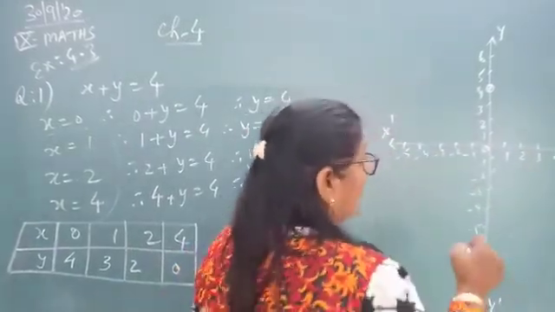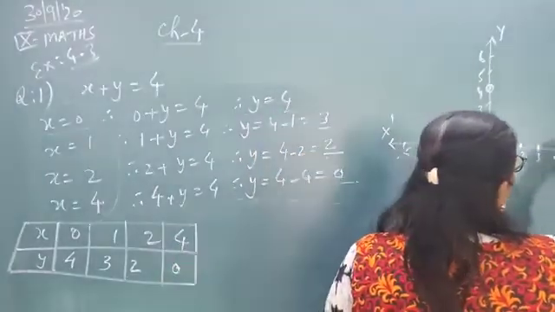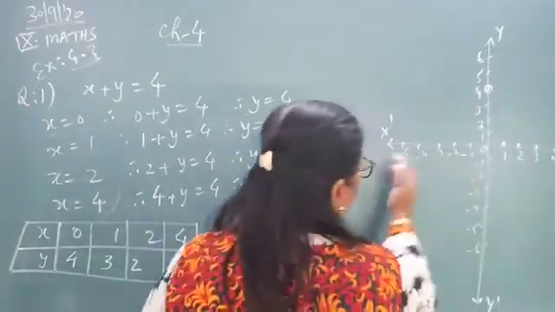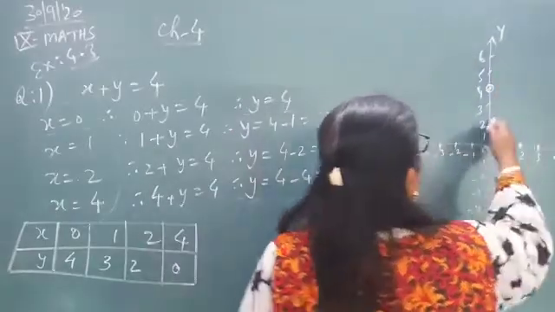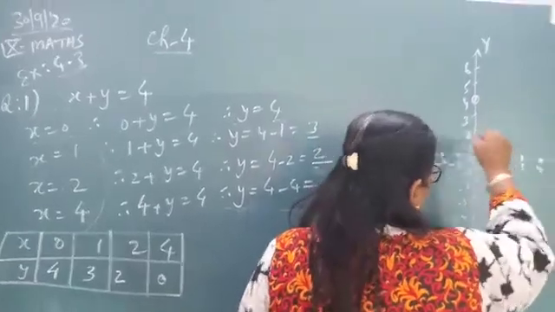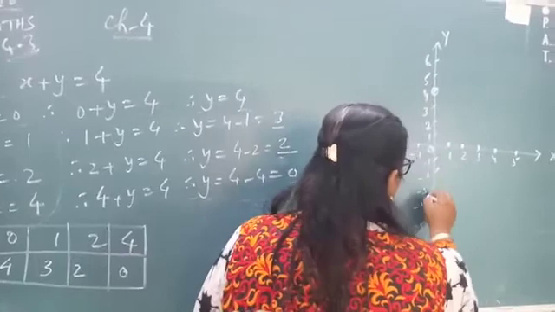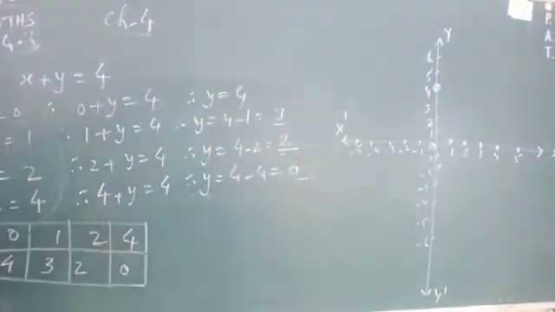Now at the thick lines only you mark 1, 2, 3, 4, 5 and so on. Positive on this side and negative on this side, like a number line. On the upper side of the y-axis you take the positive values only on the thick line, not on the thin line, and downwards minus 1, minus 2, minus 3. In this way you mark the numbers like a number line.